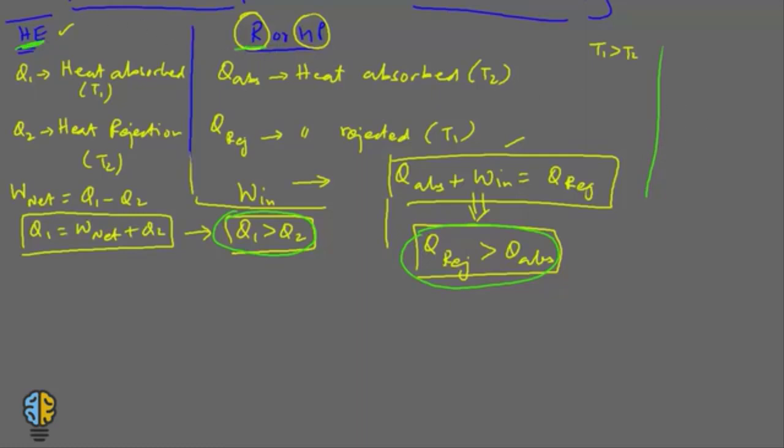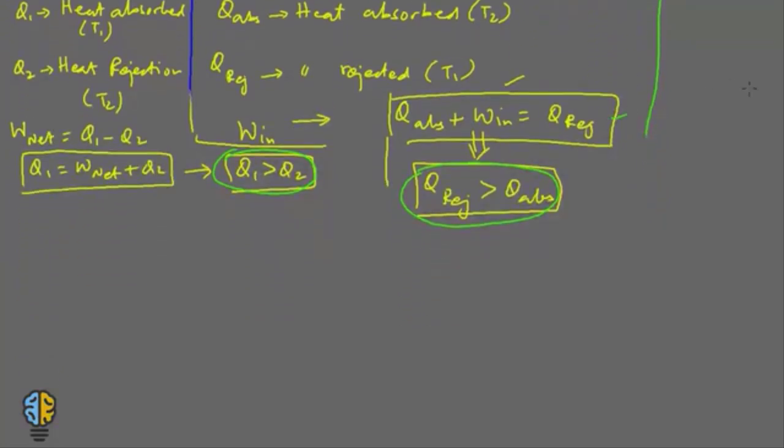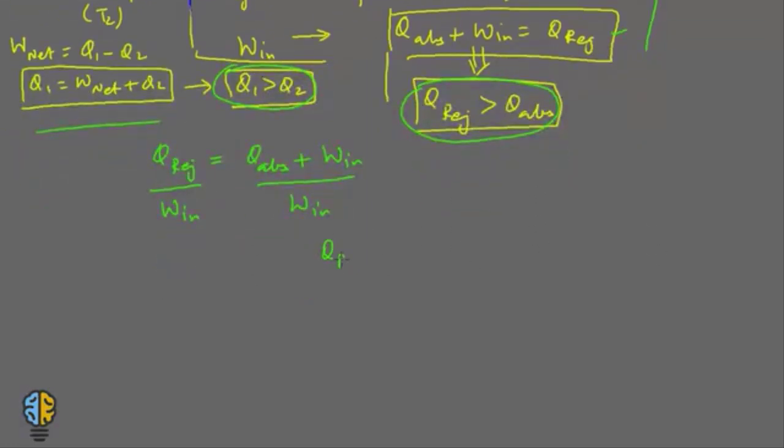Now, let's compare the COPs of a refrigerator and of a heat pump. Now that we know the relation between all these three quantities, so let's have a look. Now, Q rejected, I know it is equal to Q absorbed plus the work input, isn't it? Let us divide this whole equation by work input. So we would get Q rejected upon work input is equal to Q absorbed upon work input plus 1.